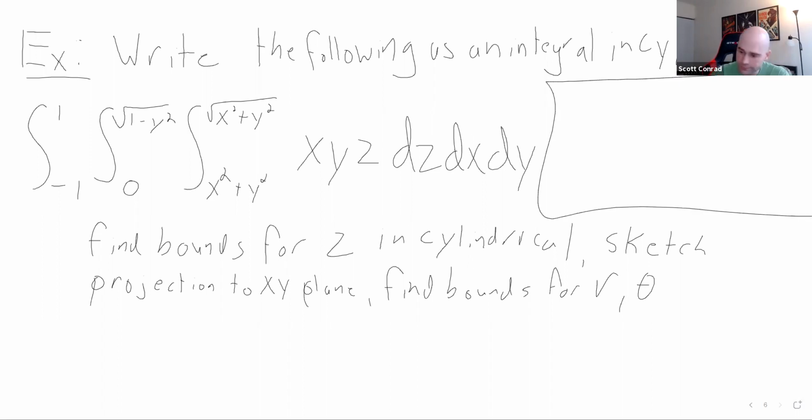So let's do z. So z is bounded below by x squared plus y squared. What is x squared plus y squared in cylindrical? We just did this.